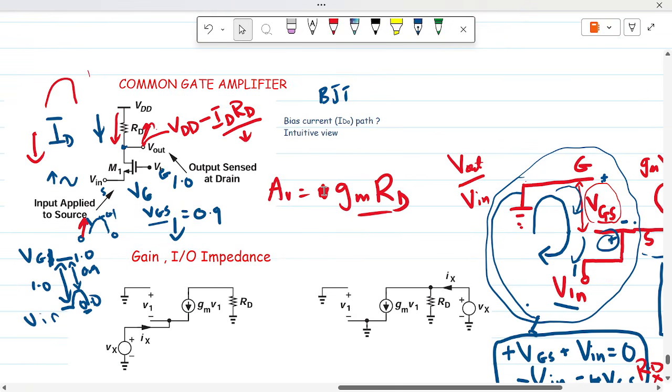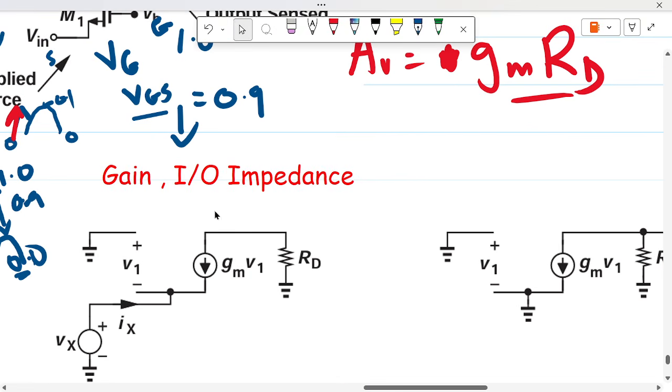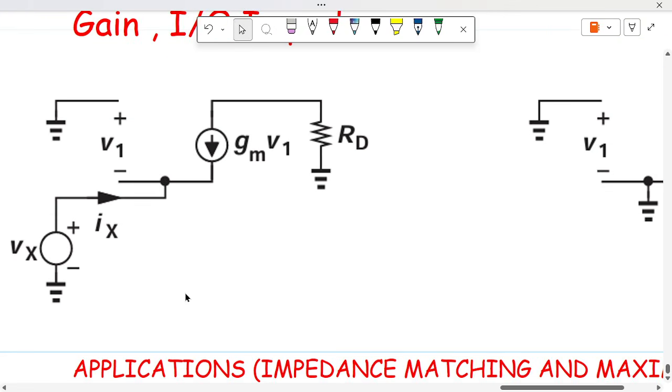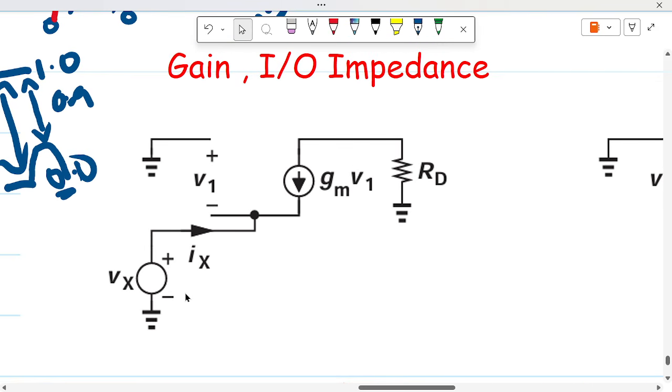Okay, now we want to take a look at the input and the output impedances for the common gate stage. Clearly, if we want to compute the input impedance, we need to set the output to 0. So the output voltage Vout is set to 0.